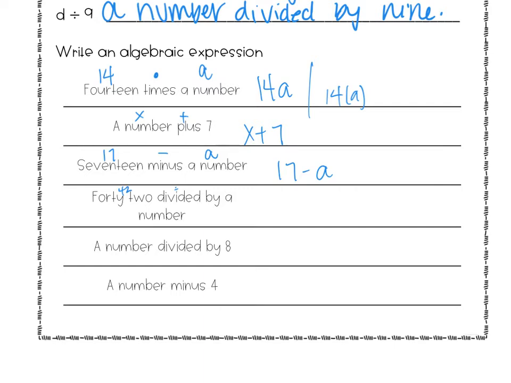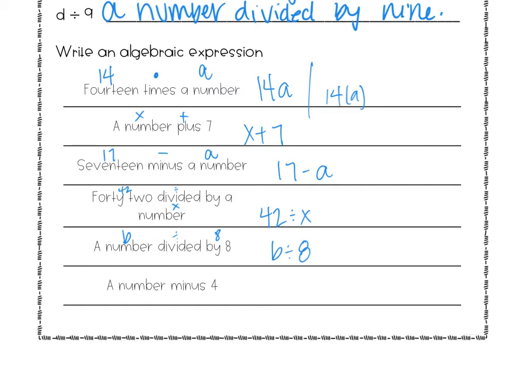It can be any letter, but I'm just going to use X. So I have 42 divided by X. My next one says a number divided by 8. A number is my variable. It means it could be any letter in the alphabet. I'm going to use B divided by 8. So I have B divided by 8.